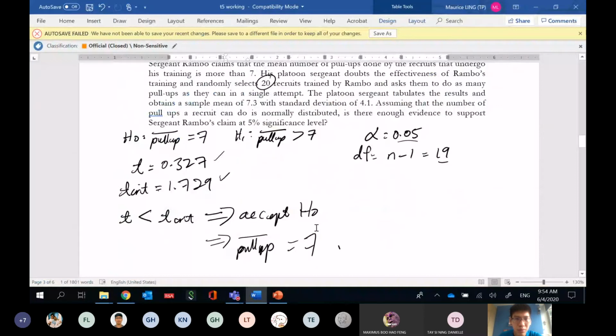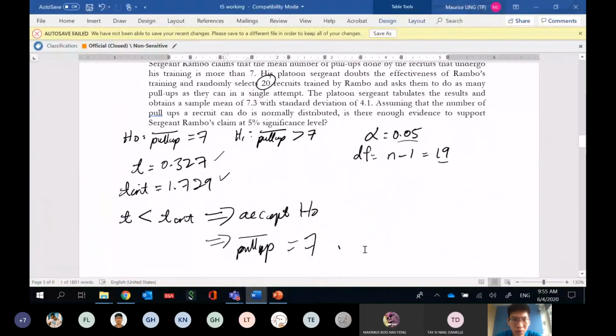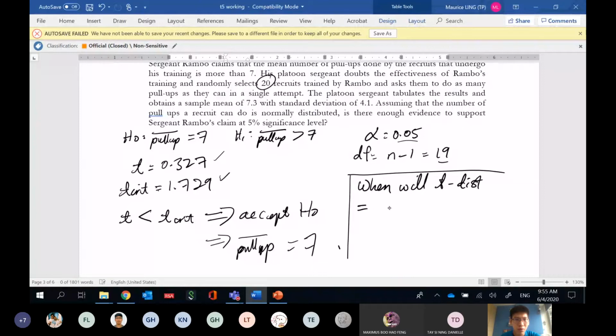Okay. So essentially, this is what you have. But what we also want to look at is, let me just write here. When will the T distribution be equal to the normal distribution, or in this case, your Z distribution? Your degrees of freedom technically have to be very large.